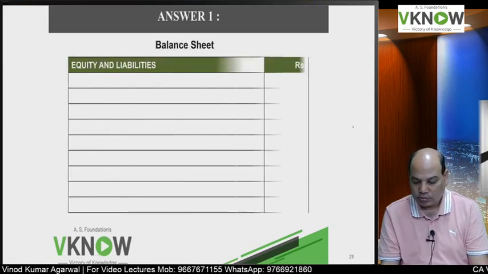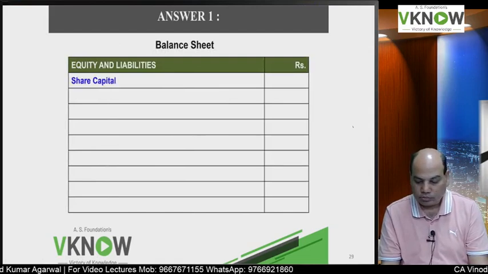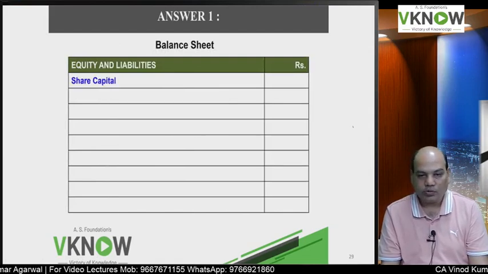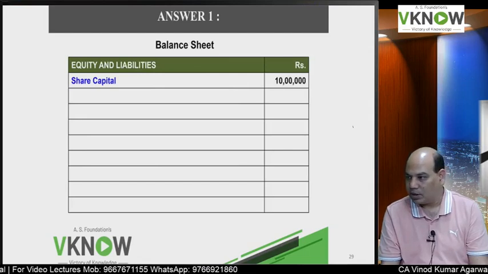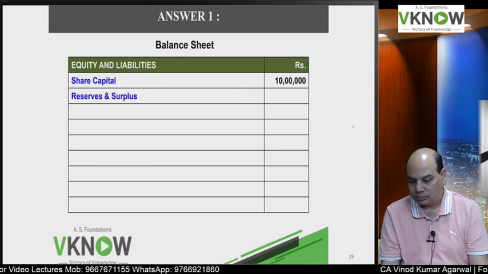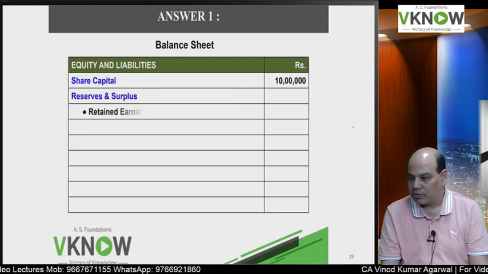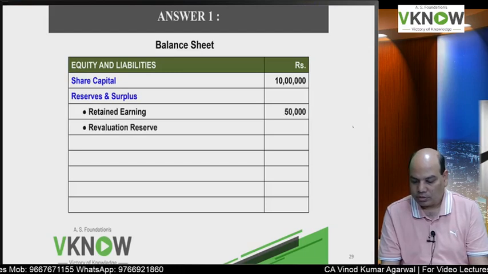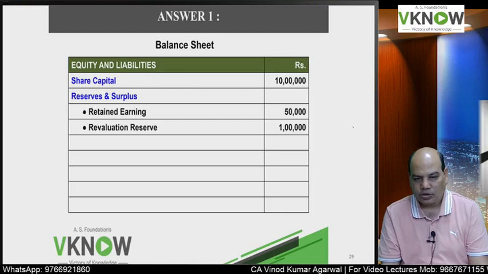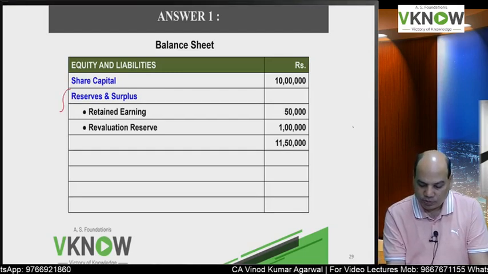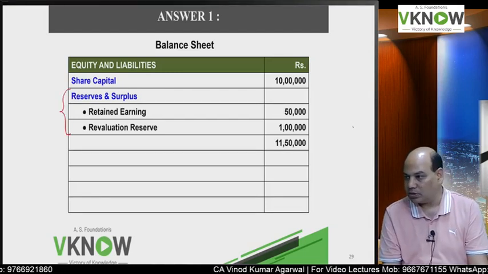And in the balance sheet, that revaluation reserve I will put directly in the balance sheet. Share capital will come 10 lakh, right? Reserve and surplus, retained earnings, how much? 50,000. Directly the revaluation reserve will come in the balance sheet, 1 lakh. We should have prepared a reserve and surplus note also, but it's okay. Otherwise you can prepare one more working for reserve and surplus.